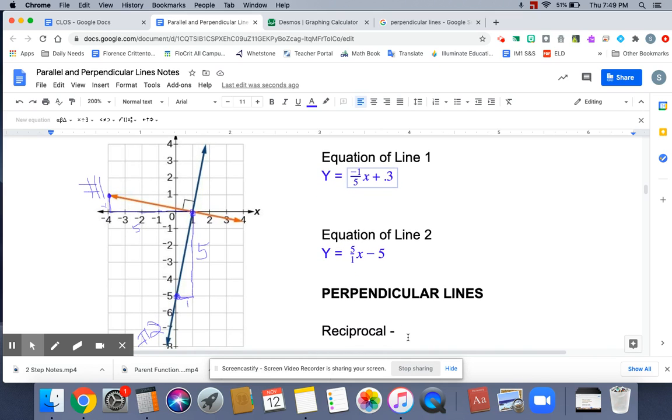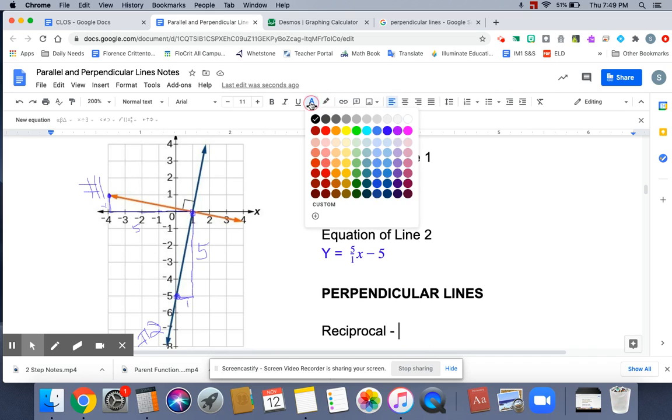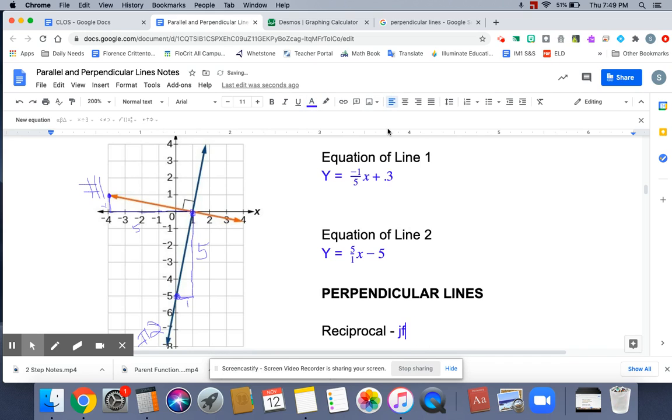So the word reciprocal is a big word that means flip the fraction. So these two are considered reciprocals because it's the same numbers, but the fractions flipped. So for perpendicular lines, the slopes are reciprocals, meaning their fractions are flipped.